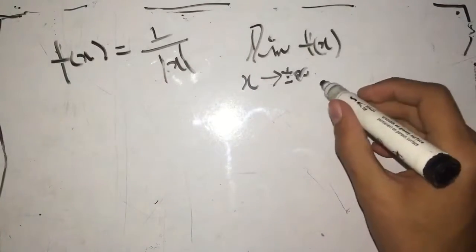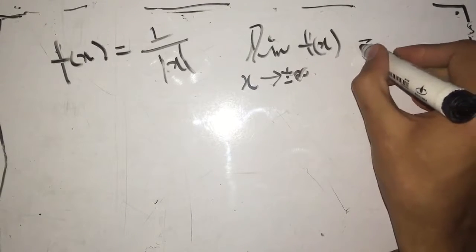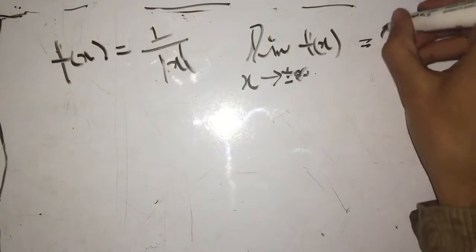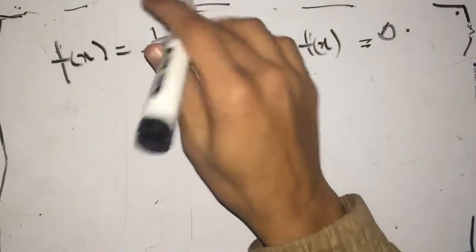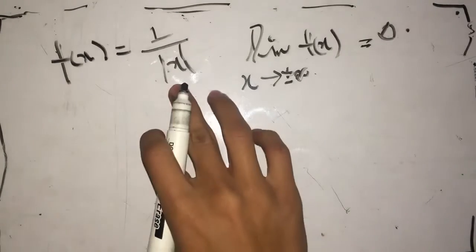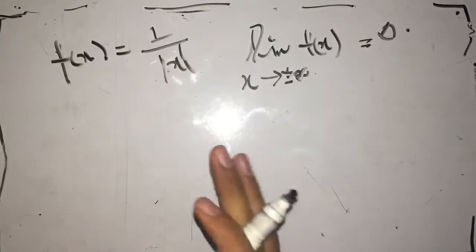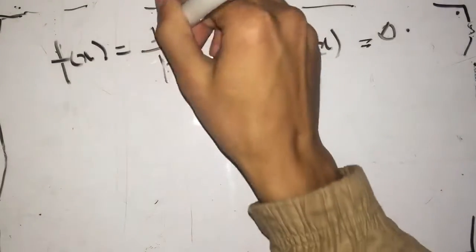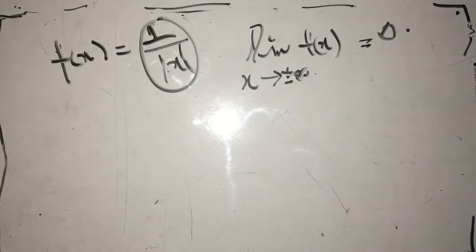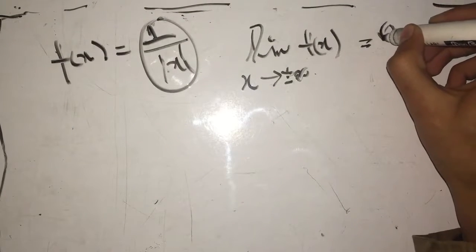So what's going to happen? That is going to be 0, because when 1 is divided by infinity or minus infinity, when x becomes really large, this reciprocal value is going to be really small, and that is going to approach 0.